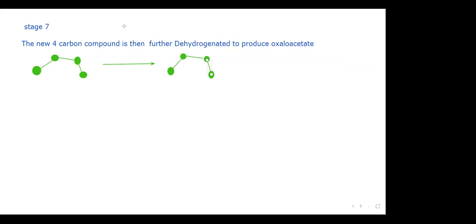The reducing agent is the old NADH. But there's an enzyme which does this, an enzyme called isomerase.